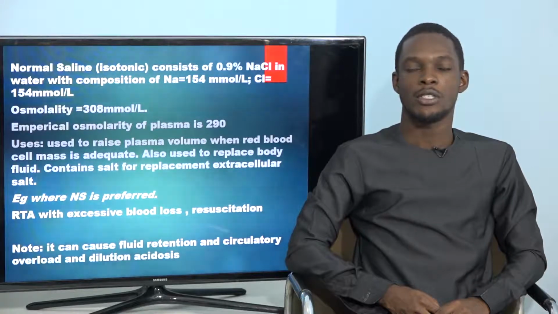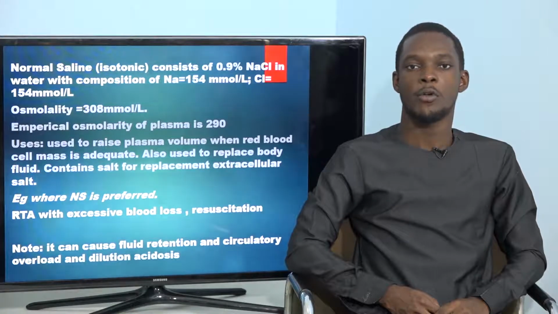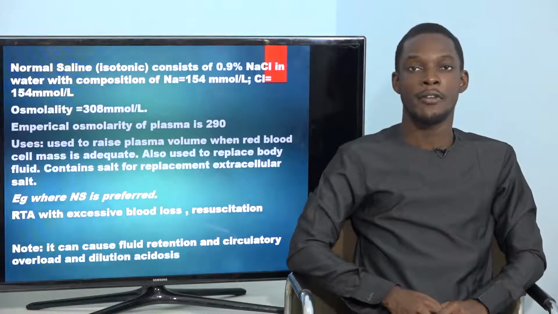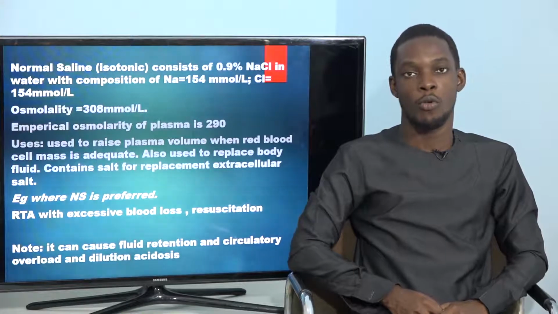Normal saline. Normal saline contains 154 millimole per liter of sodium and 154 millimole per liter of chloride. You would have a combined osmolarity of 308 millimole per liter.